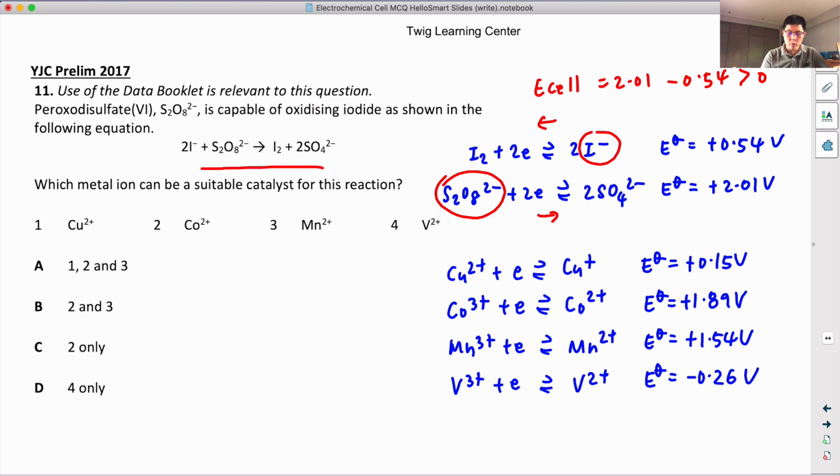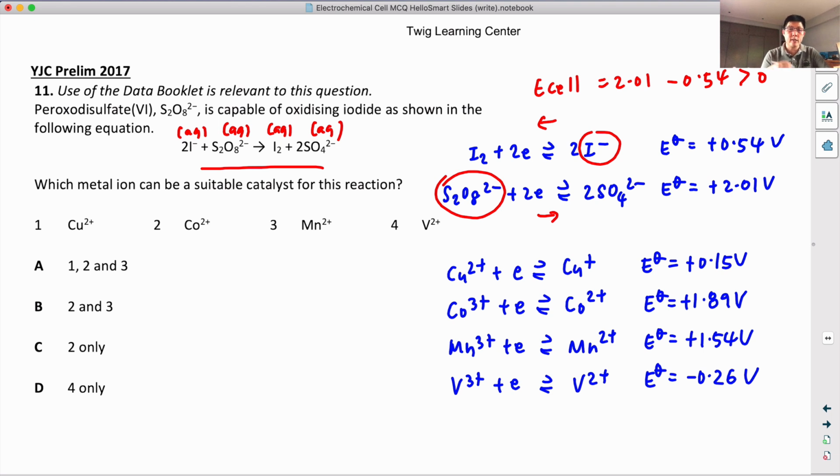Okay, so how you do it is this. If you pick copper 2 plus, so I'm going to choose... you must understand that everything here is in the aqueous form. So whatever catalyst we use must be what I call a homogeneous catalyst, right? All these ions must be in the same phase as the reactants.